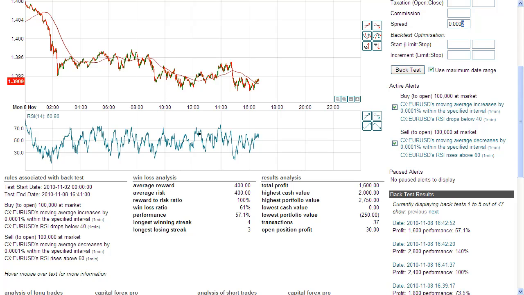When I add the spread of 2 pips, it's still profitable. I'm going to extend it to 3. Based on a stop and a limit of 40 pips, this strategy is able to tolerate so far up to 3 pips of spread and generate a profit. So we should sit back and see if this improves the performance of this strategy over time, and we'll come back to it later.